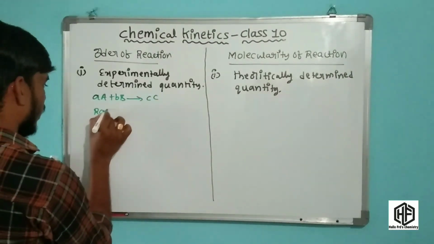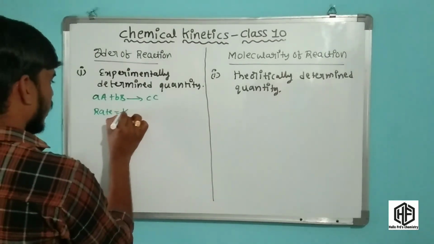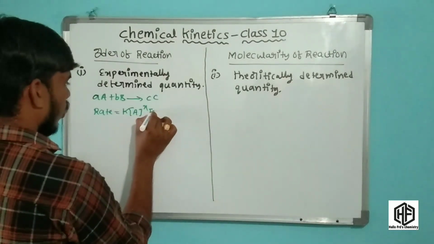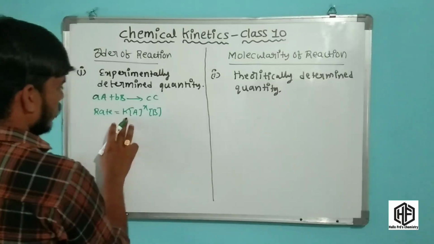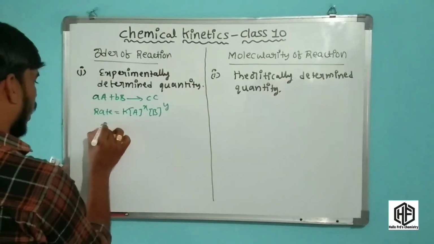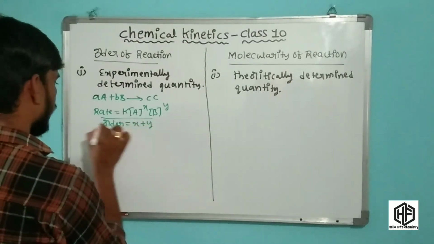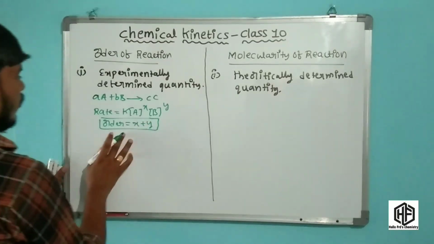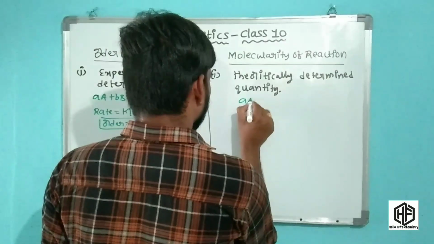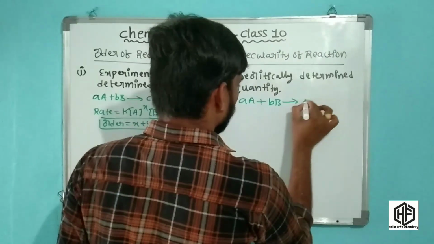Now the rate of this reaction is K into concentration of A power X and concentration of B power Y, and the order of this reaction is X plus Y. This is the experimental order of reaction.